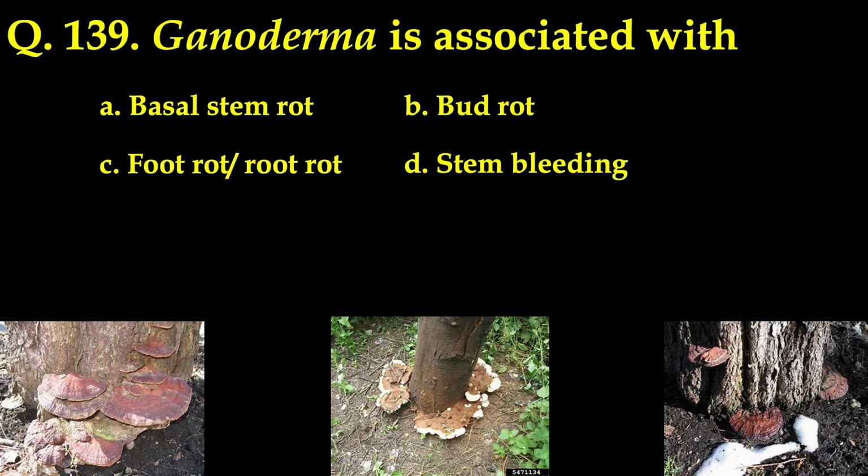Regarding the last option, stem bleeding of coconut and areca nut is caused by different fungi. For coconut, the fungus is Thielaviopsis paradoxa, and for areca nut, the fungus is Ganoderma species. As I have already mentioned, the options for choosing the correct answer for this question are a little bit confusing.